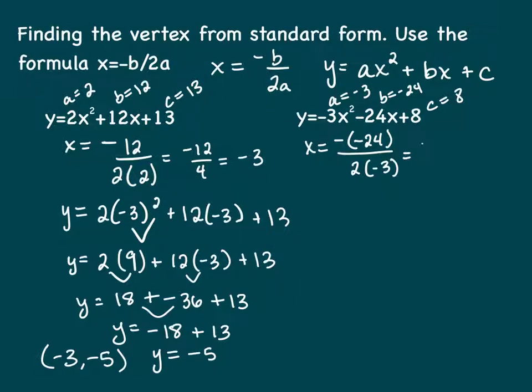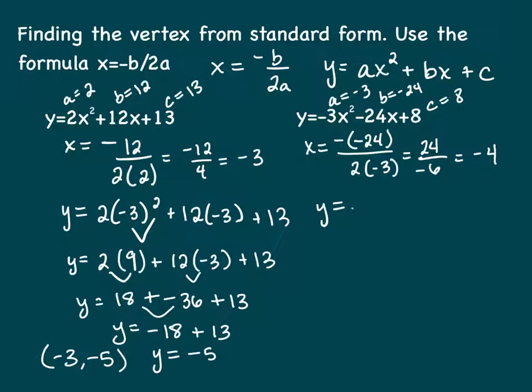Double negative 24 is a positive 24. 2 times negative 3 is negative 6, so I end up with negative 4. The most common error with this stuff has to do with negatives. That's why I recommend this first step, all the negatives still there, and then you simplify from there.